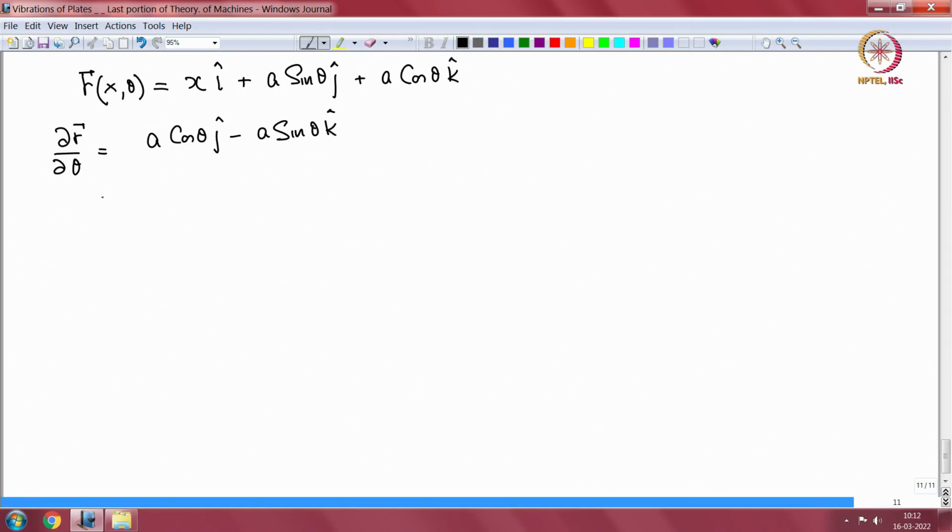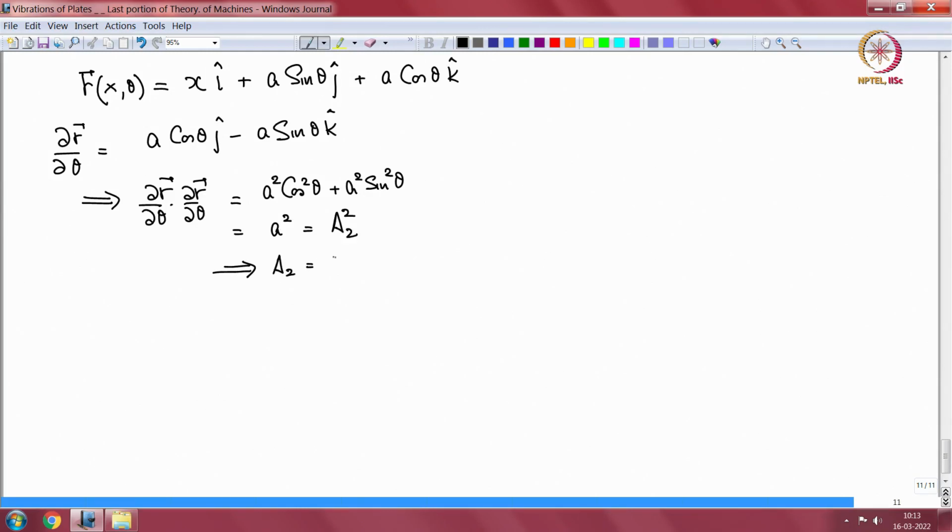Okay, that implies del R del theta dotted with del R del theta is equal to a square cos square theta plus a square sin square theta, which is equal to a square, which is equal to A2 square, which implies that A2 is equal to a.